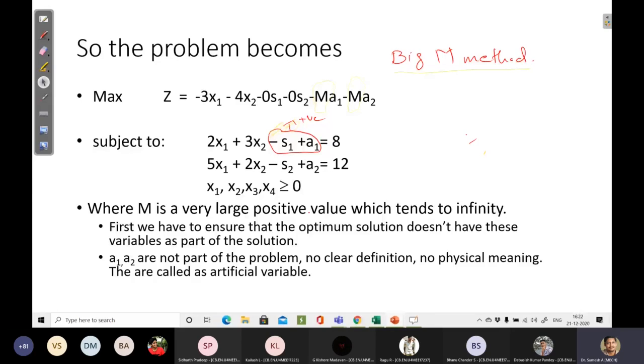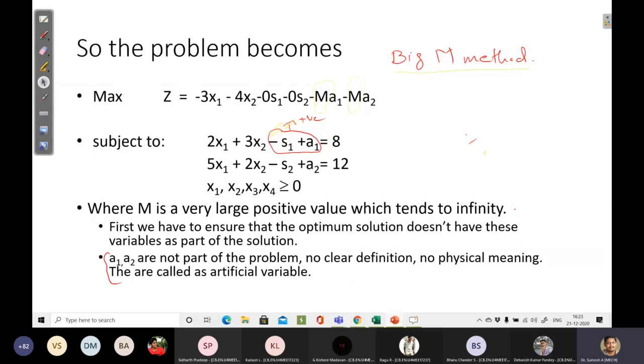First we have to ensure that the optimum solution does not have these variables as part of the solution, that is, a1 and a2 are not part of the problem. They have no clear definition or physical meaning, and that is why they are called artificial variables.